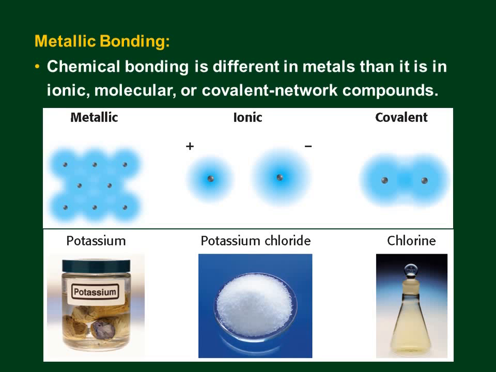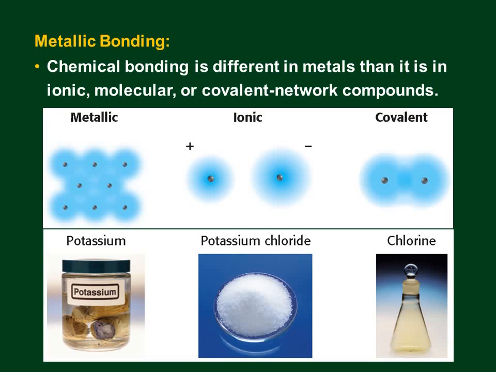Metallic bonding. Chemical bonding is different in metals than it is in ionic compounds, molecular compounds, or covalent network compounds. As we discussed before, the ionic bond is formed between a positive ion and a negative ion.